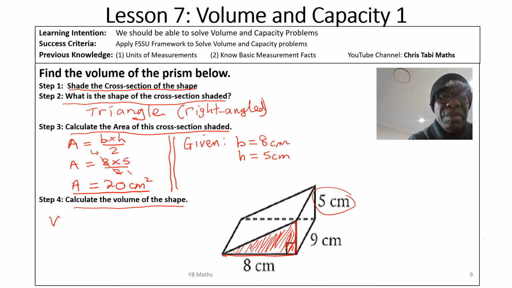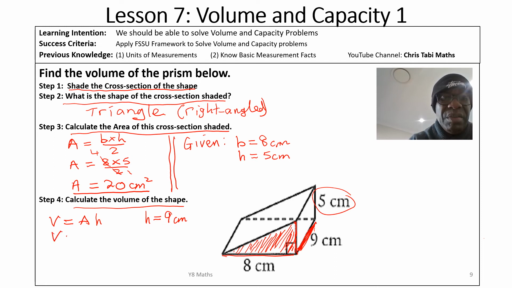So the volume is simply A times H. So in this case, we know that H is equal to, that will be that length over there. H is equal to 9 centimeters.